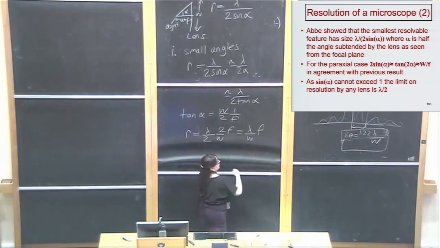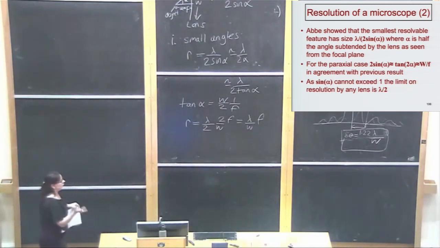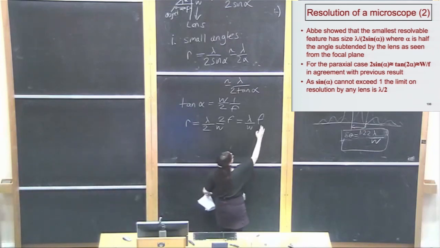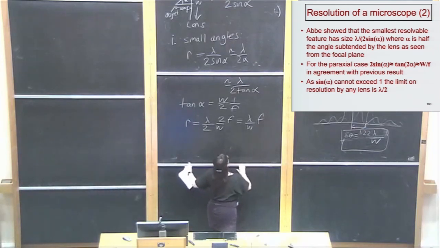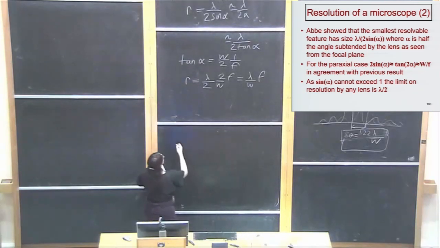And okay, we've lost the factor of 1.22, but you can see that that's basically what we had before, something that goes as lambda over w times f. So that was the small angle paraxial approximation, showing that you retrieve the result you expect.